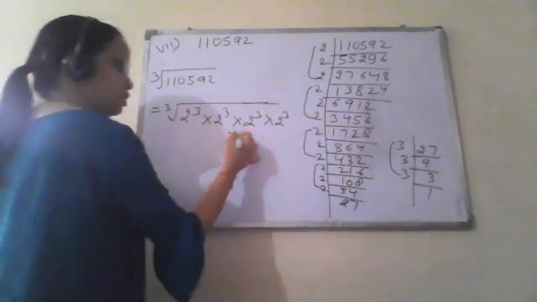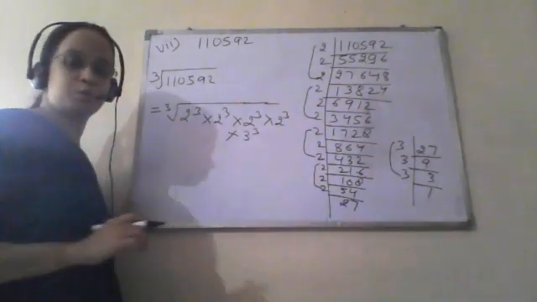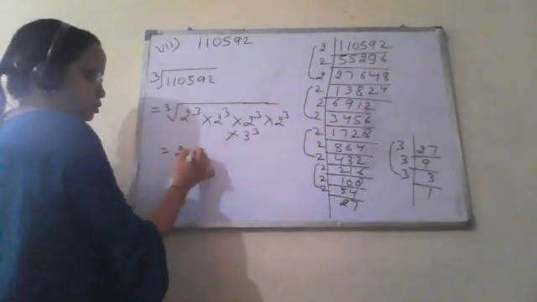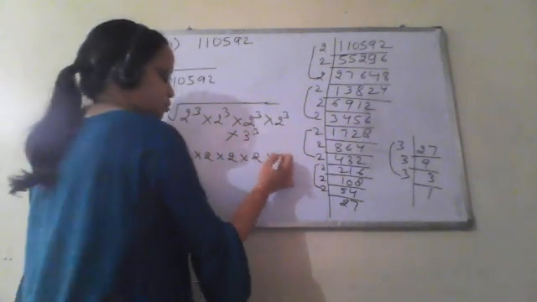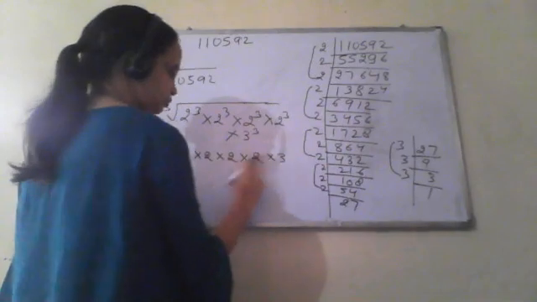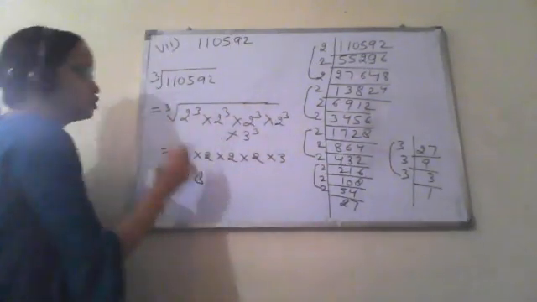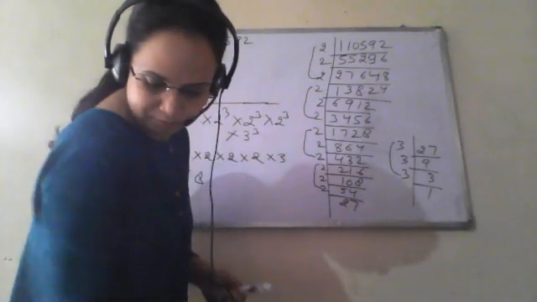So it will be 3 to the power 3. This 3 will also come out of another cube root sign. So it will be 2 into 2 into 2 into 2 into 3. So when we multiply, this will become 48. So the cube root of 110592 is 48.